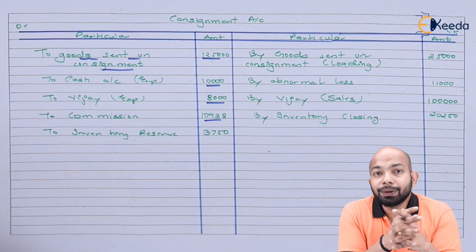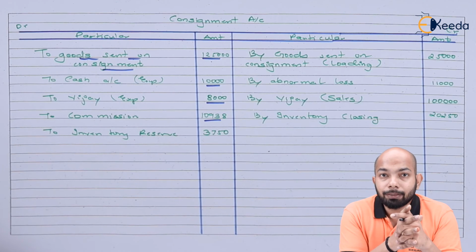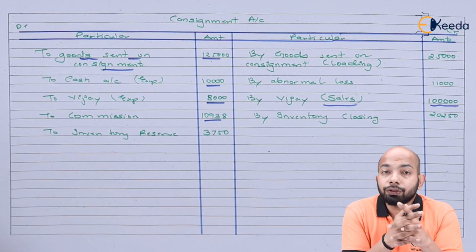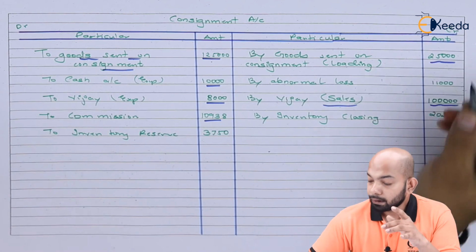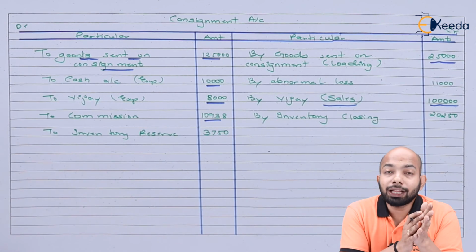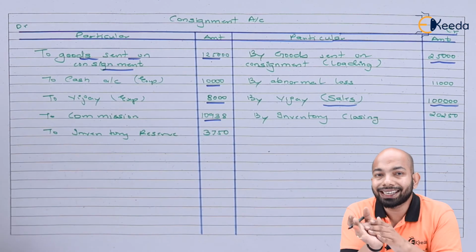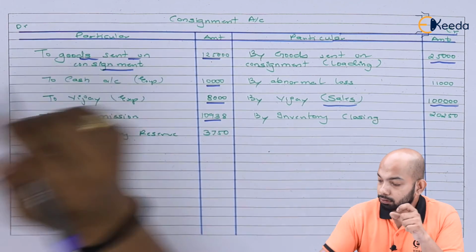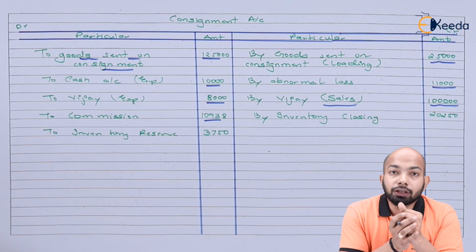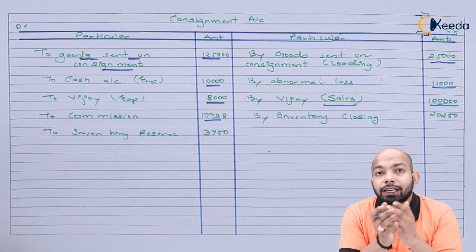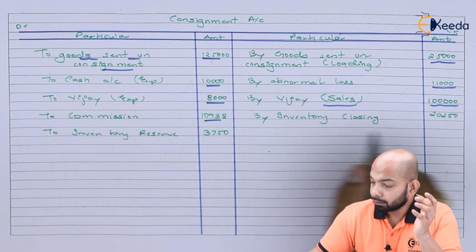Now on the credit side, we have the sales amount for the consignment. The additional loading charge of 25,000 will also be on the consignment credit side. The abnormal loss calculation that we did for 11,000 is also on the credit side of this consignment account. And the closing stock that we valued earlier, 20,250, will also be on the credit side.